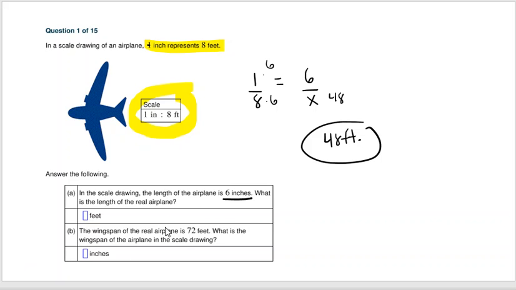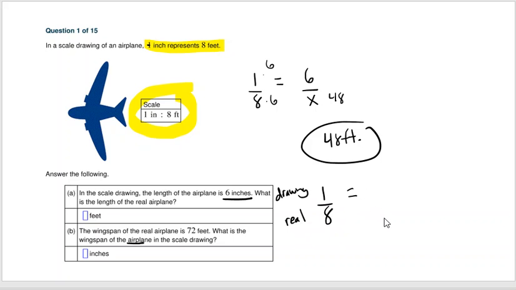The wingspan of the real airplane is 72 feet. What is the wingspan of the airplane in the scale drawing? So remember, if we're using the scale of 1 to 8, and the wingspan, remember this is our real, and this is our drawing, right? So if the drawing's 1 inch, the real plane is 8 feet.